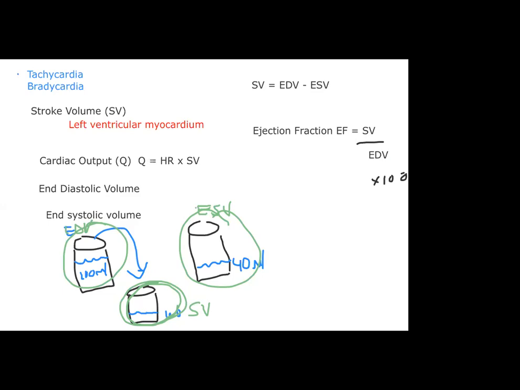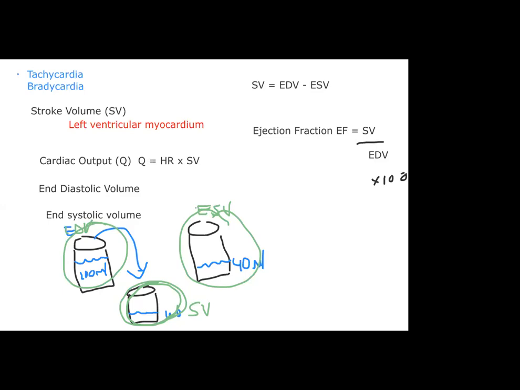Could you repeat ejection fraction? Yes, ejection fraction is the percentage of blood pumped by the left ventricle in one contraction. Let me go back and do the end diastolic volume real quick. Stroke volume is the amount of blood pumped by the left ventricle in one contraction. End diastolic volume is the amount of blood in the left ventricle after diastole, which is when it's full.